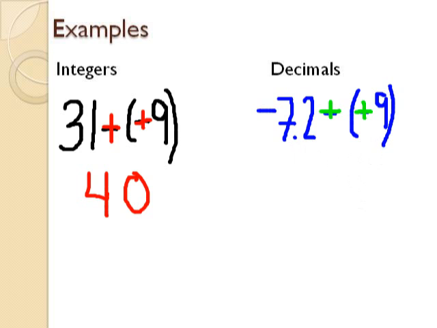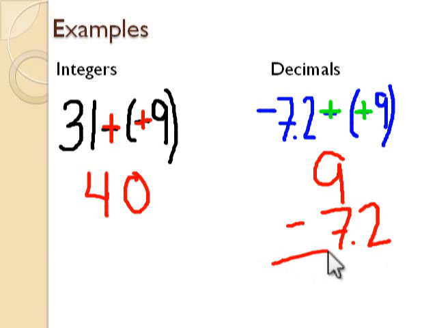The signs are different. So when the signs are different, I'm going to find the difference of the absolute values. So the absolute value of this is smaller than the absolute value of that. So I'm going to do 9 minus the absolute value of 7.2, which is 7.2.